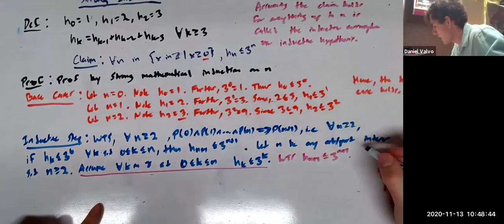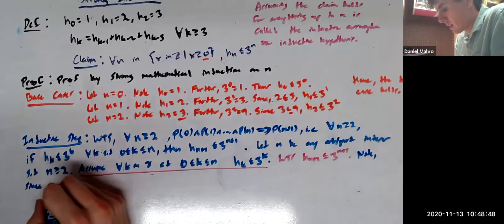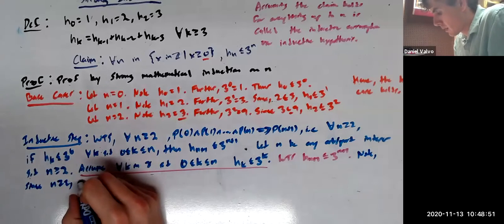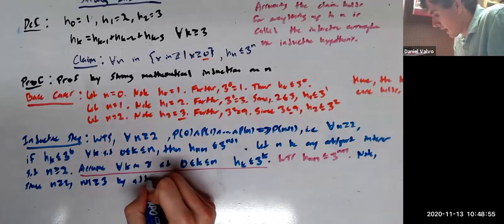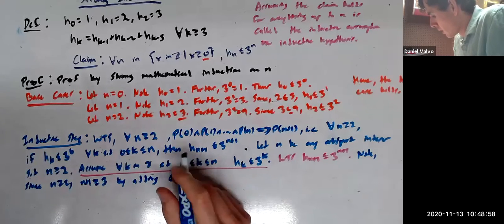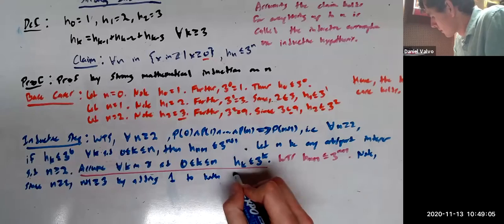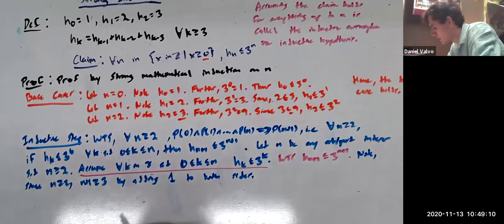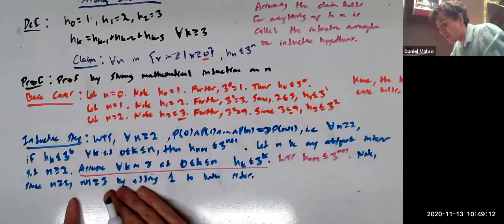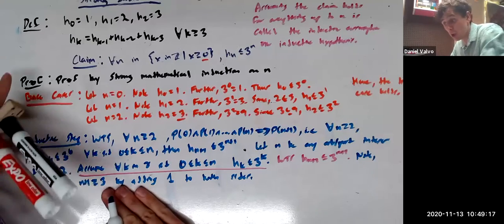So what I'm going to say is note, since n is greater than or equal to 2, n plus 1 is greater than or equal to 3, by adding 1 to both sides. All right. So now that we know that n plus 1 is bigger than or equal to 3, we can use the recursive formula on it.